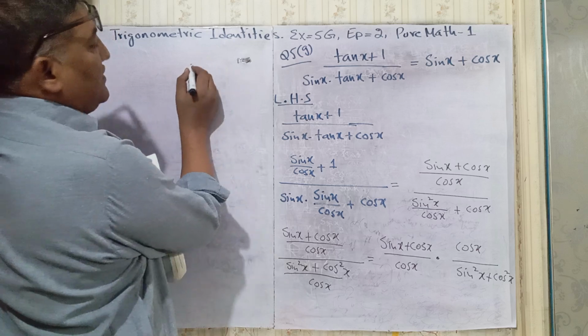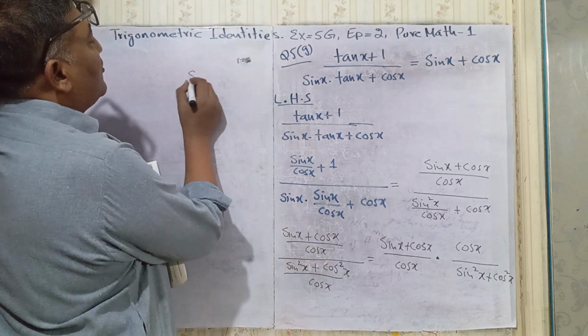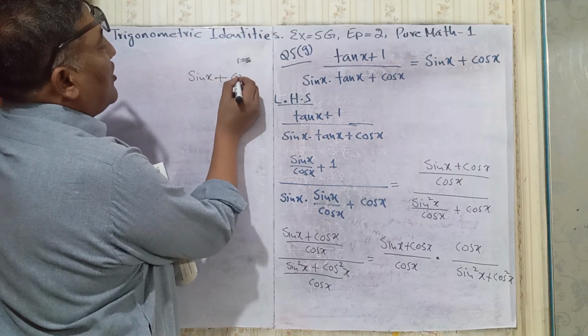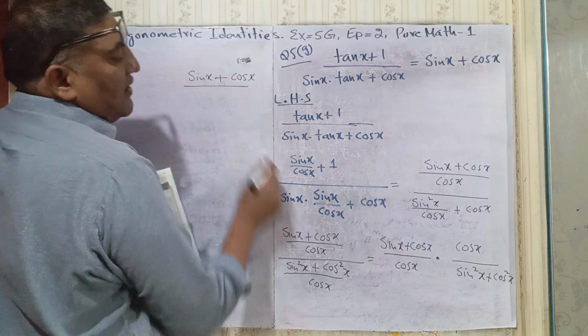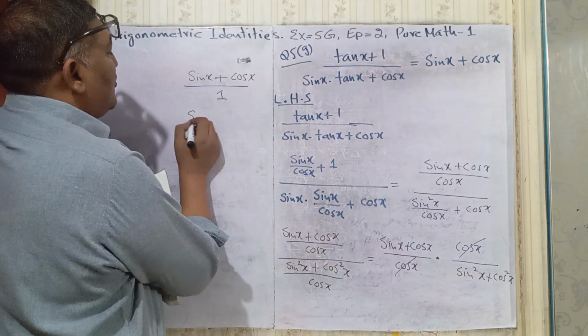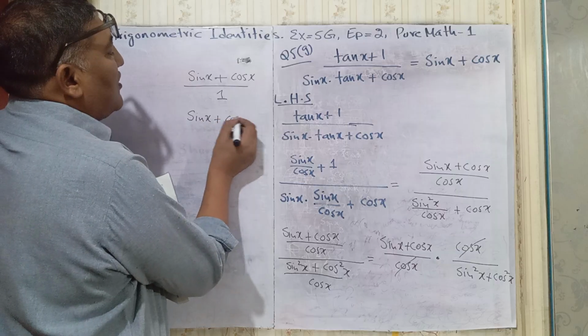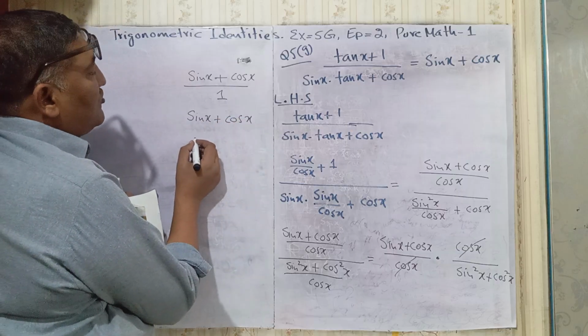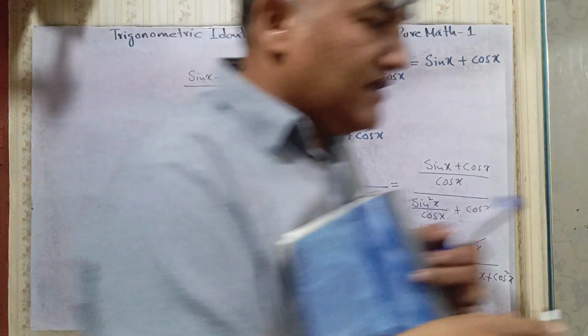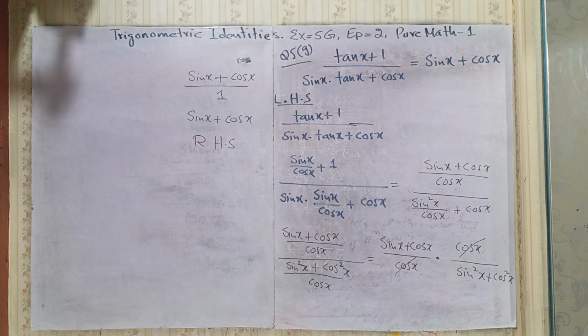So cos x and cos x cancel, and you will have sine x plus cos x, and sine square x plus cos square x is 1. So you can just say sine x plus cos x, and that is equal to the right hand side. A little bit difficult. So this is how you will do question number 5 and its G part. I hope you understand this.